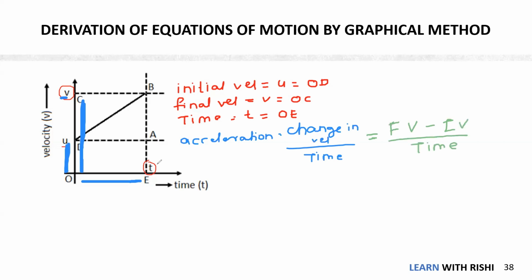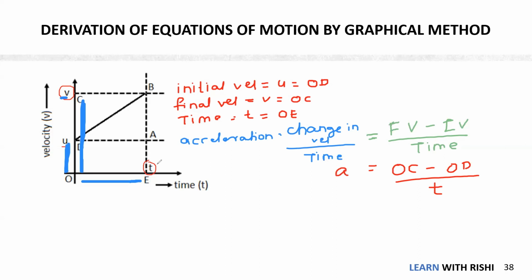Now we know what final velocity and initial velocity are. From the graph, we have observed that final velocity is nothing but OC minus initial velocity OD, upon OE, and OE is nothing but time. So we will write it t. And this is nothing but acceleration, and we denote acceleration by small a.